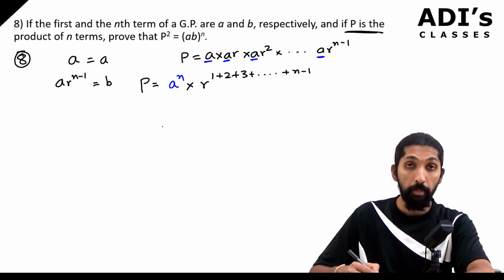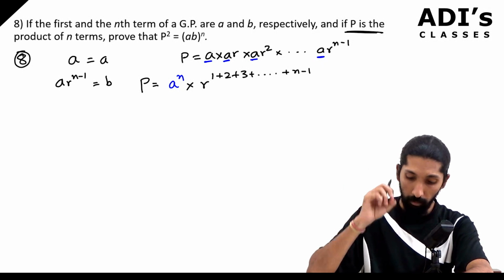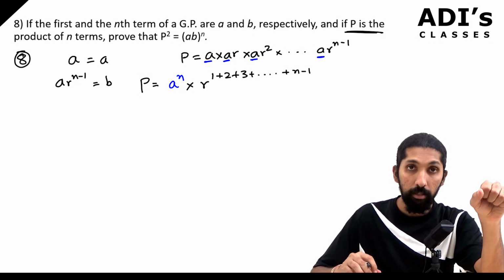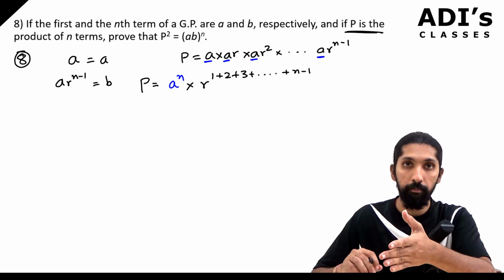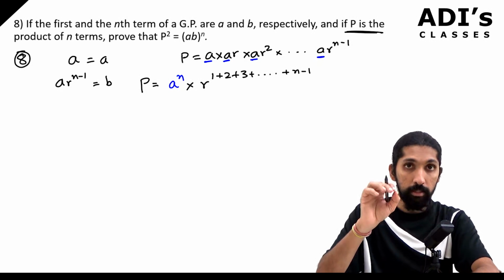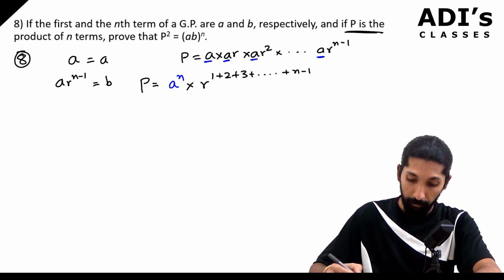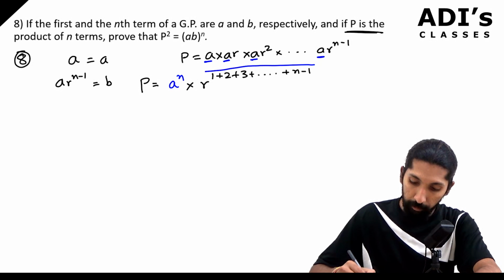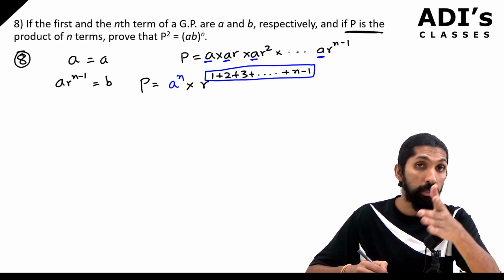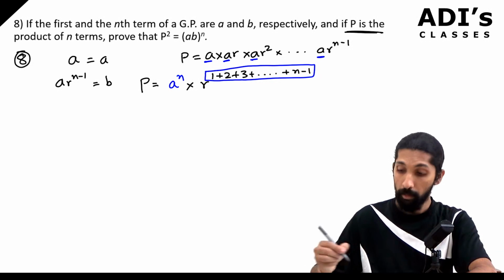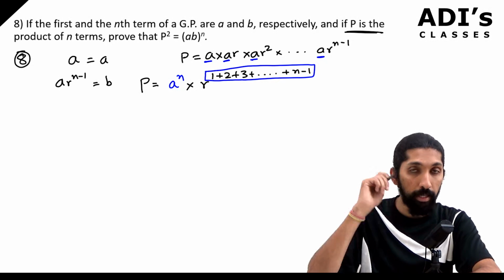Correct? Now remember, we are looking at till n minus 1. Now A to the power of n, keep it aside. We'll just consider that R to the power 1 plus 2 plus 3 till n minus 1. The reason why we are considering only that, because see, if you look at the power, isn't this an arithmetic progression? Isn't it an AP? 1, 2, 3, 4, so on and so forth till n minus 1. Now, if you take that, we can actually calculate the sum to n terms.